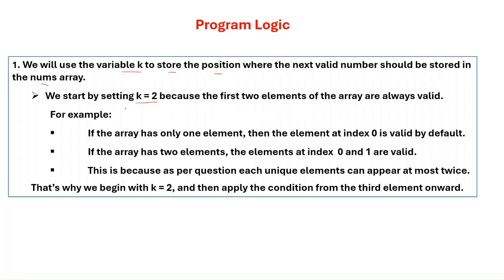For example, let's say if I have an array with one element, then the element at index 0 is valid by default. If I have an array with two elements and both the elements are different, then elements at index 0 and 1 are valid by default.